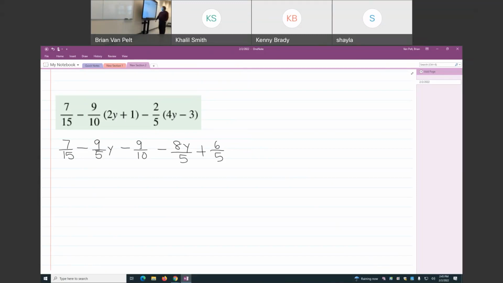I still think it's a good idea to take your numbers and put your like terms together. So I'm gonna put my y's up front. I'll shove the numbers to the back. Once again, what is the property they use to move stuff around?